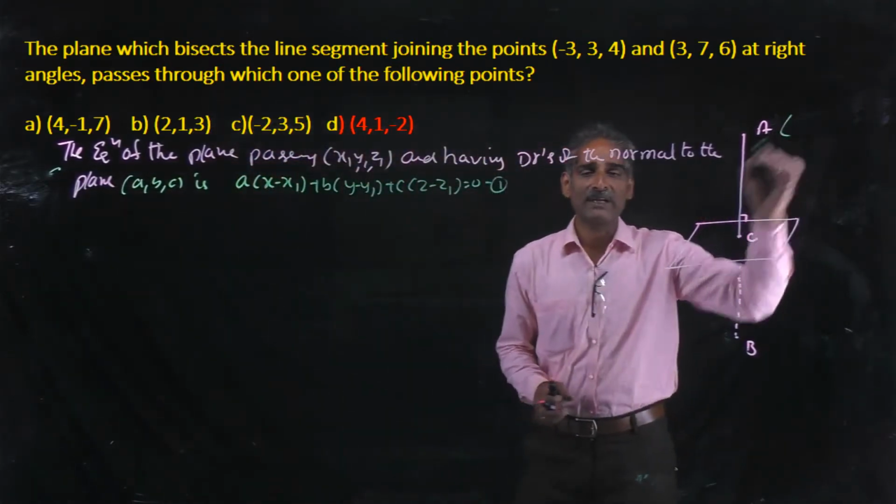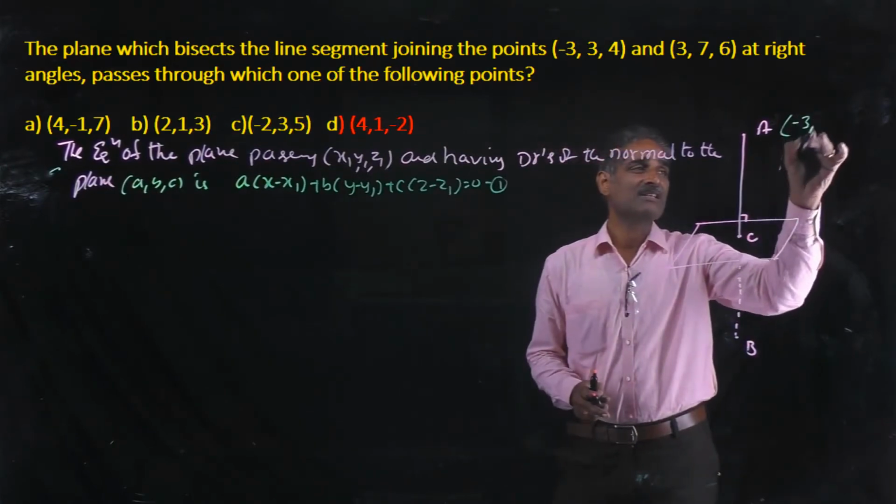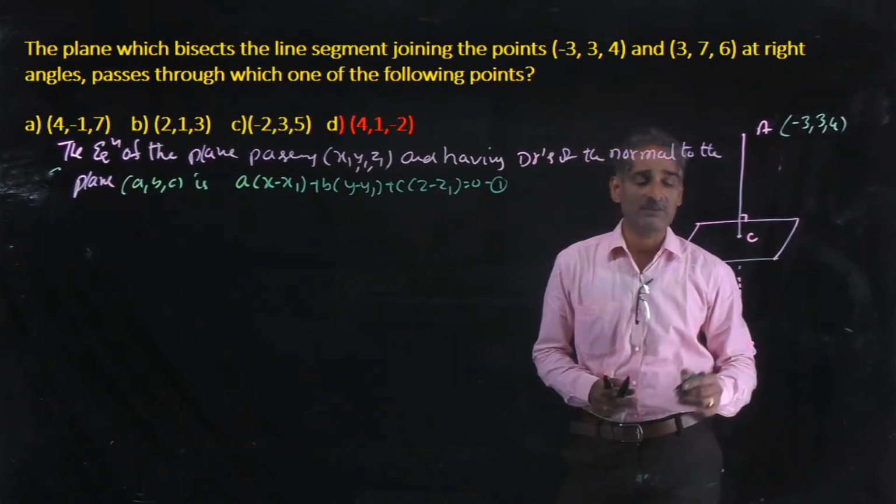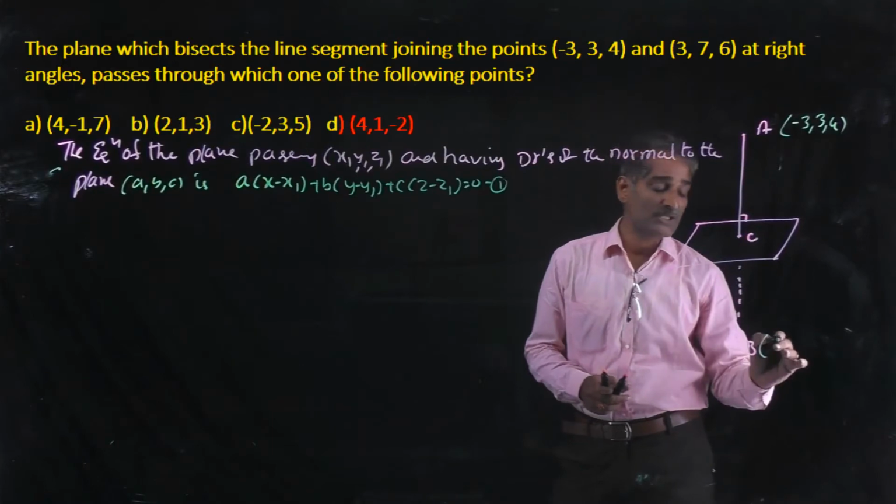The first point is minus 3, 3, 4. These are the coordinates of the first point, and the second point is 3, 7, 6.